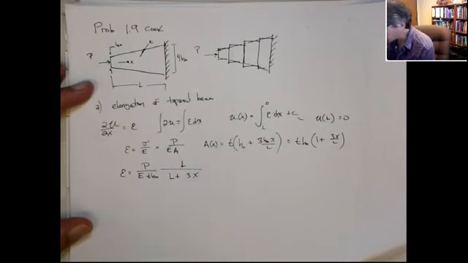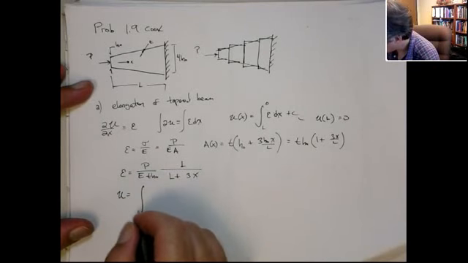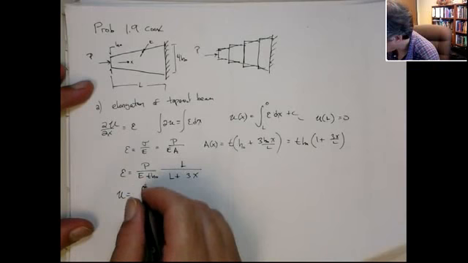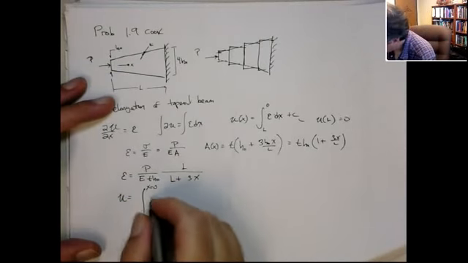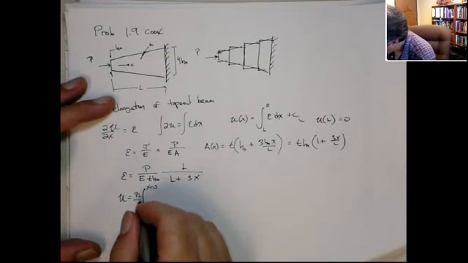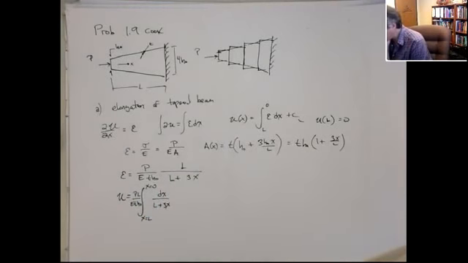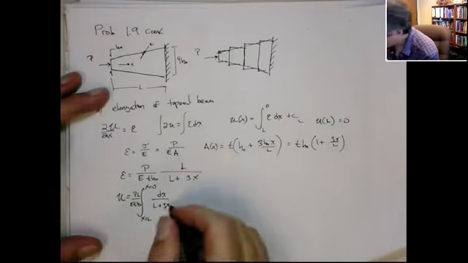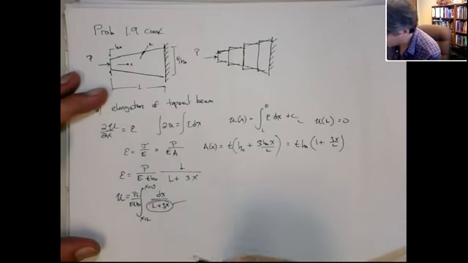And now we want to do the integral on that, right? So we want to integrate. The displacement is the integral from x equal to L to x equals 0 of PL on E t h0 times dx over L plus 3x. And the way you always do these integrals is you try to make it look like the 1 over something.